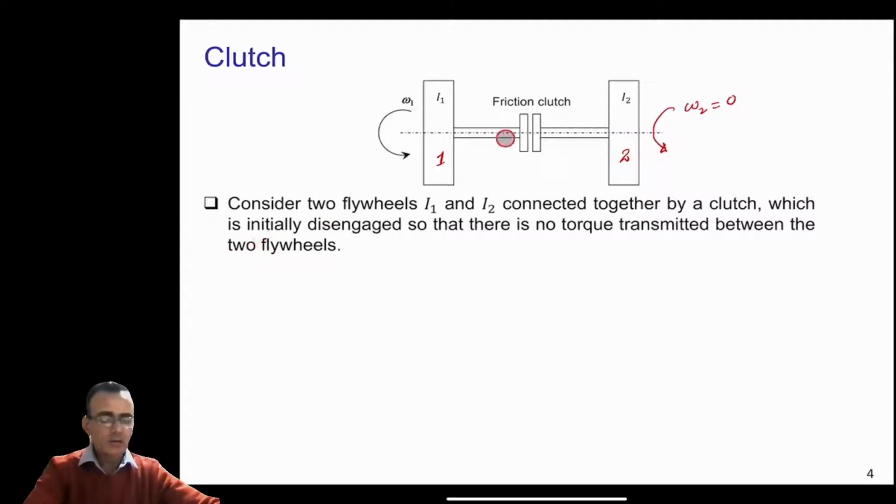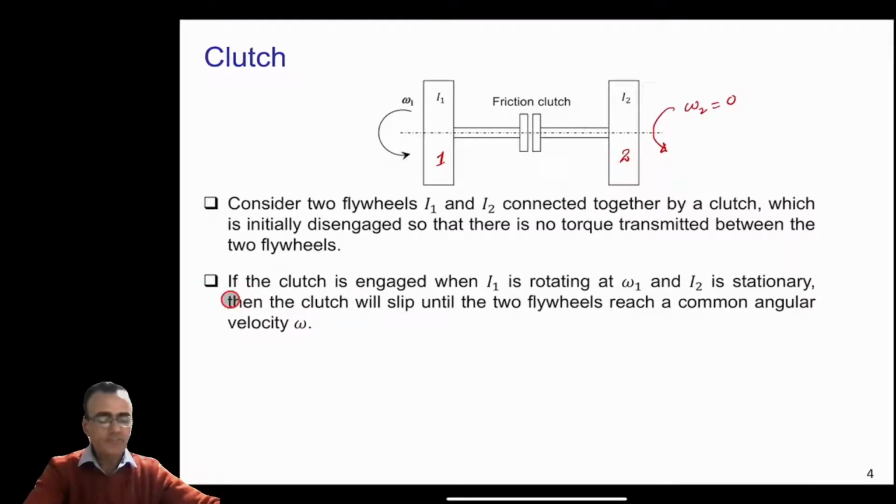If this is disengaged, no torque will be transmitted to this part. But if you engage these two friction wheels together, then obviously the torque will transmit to this part also. Initially it is disengaged, and there is no torque transmitted between the two flywheels.